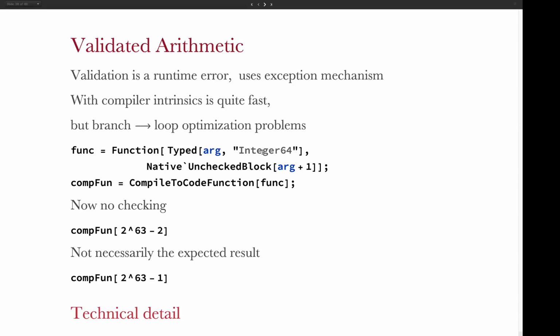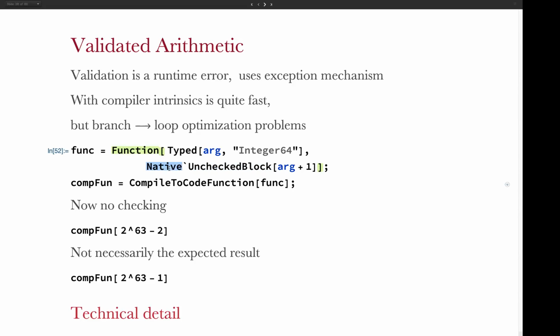With modern compiler intrinsics, LLVM provides some very nice intrinsics that make it quite fast to catch these things. But there's still a branch, and branches can cause all sorts of optimization problems, e.g. loop optimizations. Because of this, you can turn it off.